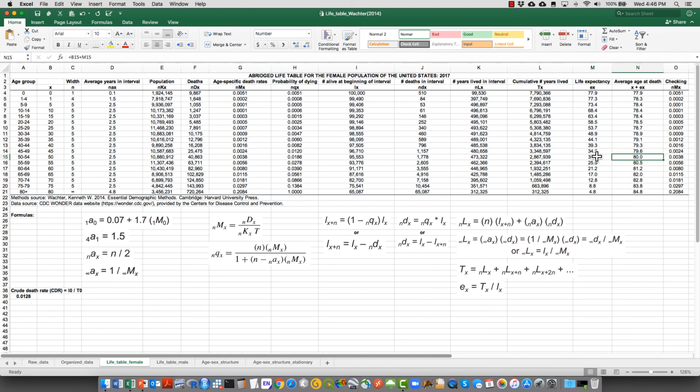So once people survive to age 50, they will live on average 80 years of age. We're talking here about the data from the US 2017, and specifically about women. And this is just another column just to check if the calculations were correct. So this column here equals this column here. Should be equal, so we had not done any mistake.